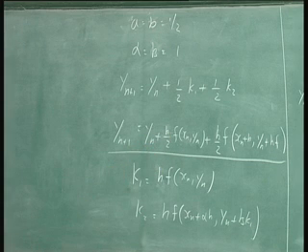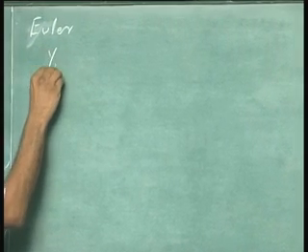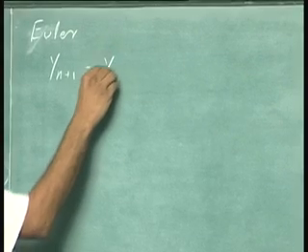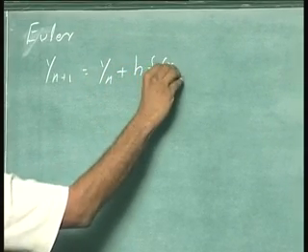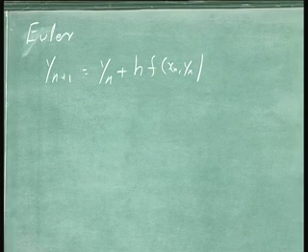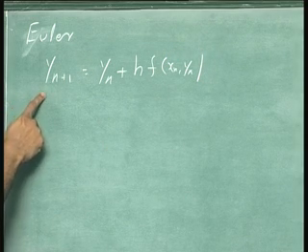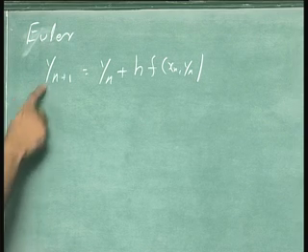So in the Euler method we wrote yn plus 1 as yn plus h times f of xn comma yn, right. And in the predictor corrector method, which is a simple extension of this, we said I can evaluate it in two steps.